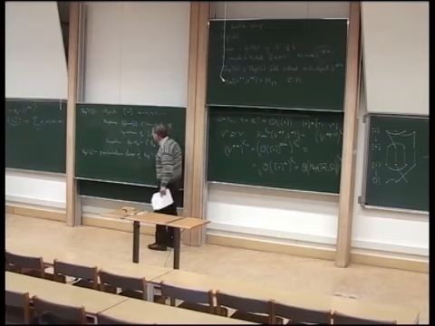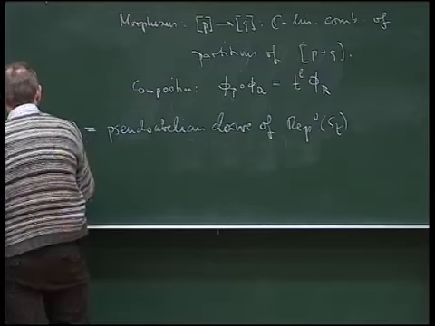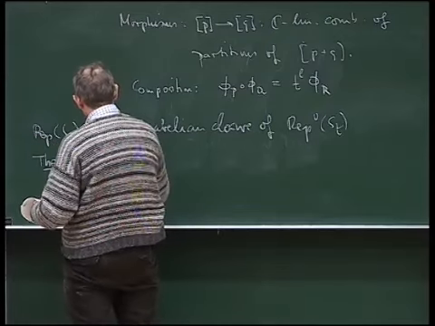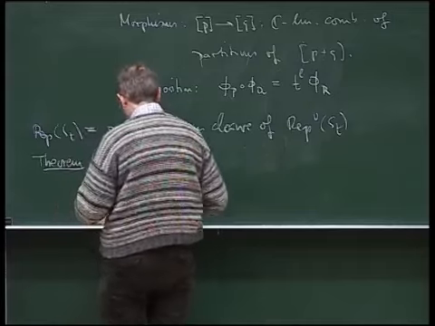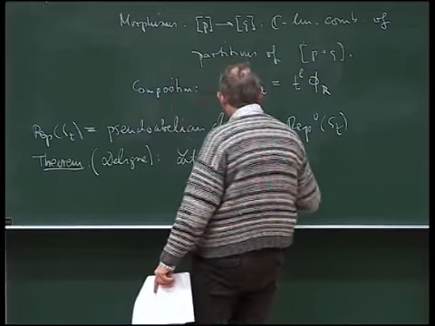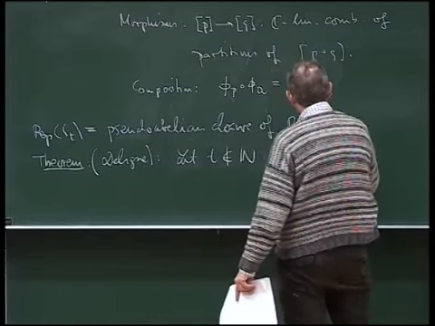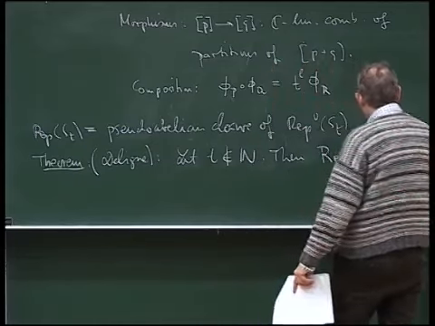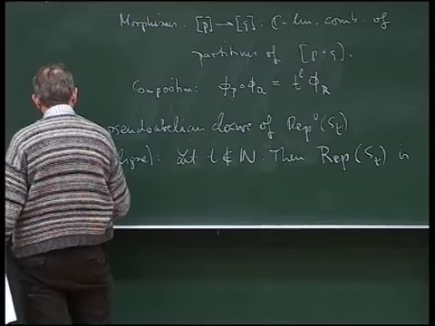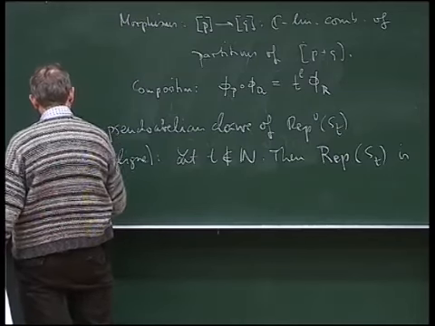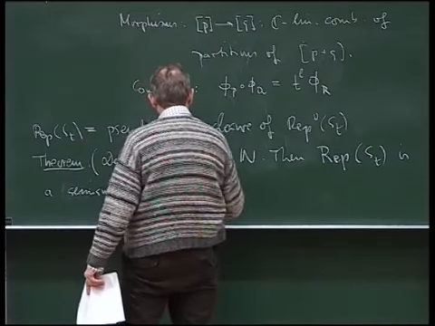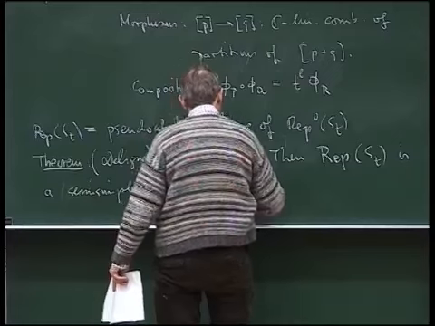Now, the theorem of Deligne says the following. Let t not be a natural number, then this category Rep S_t is a semi-simple and therefore abelian tensor category.